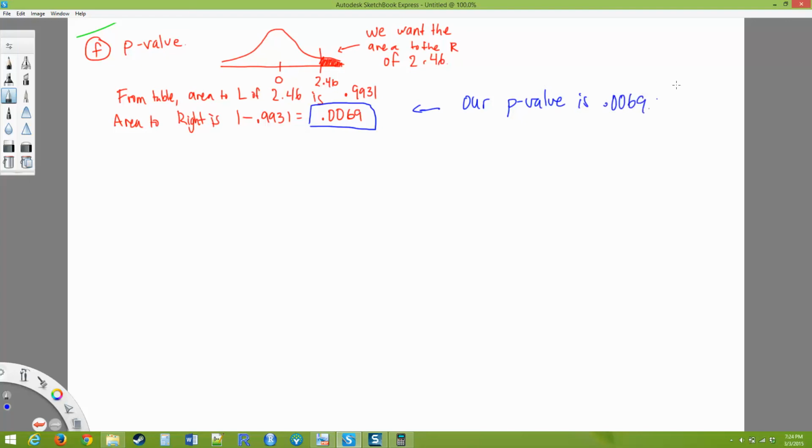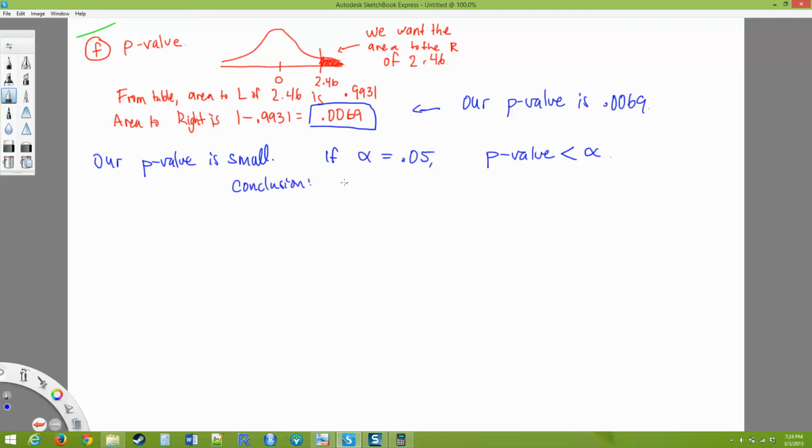And so what we should notice is that our p-value is small. Let's say if alpha is 0.05, which is our most common value of alpha, the p-value is less than alpha.